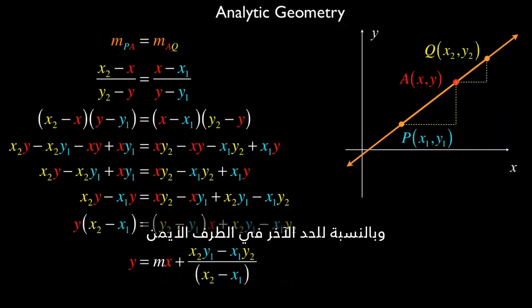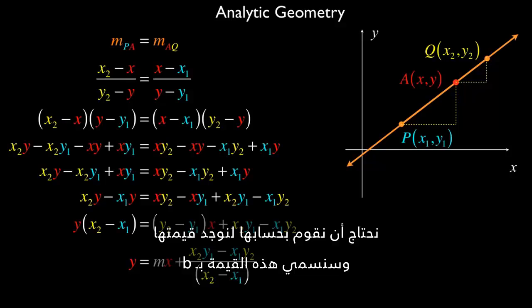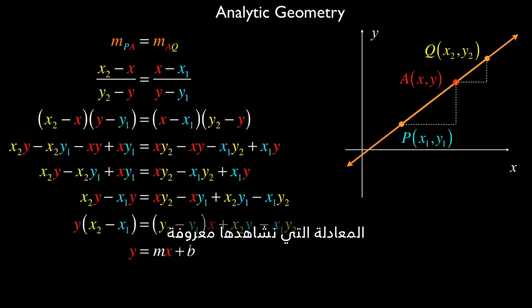And then the second part of that expression just involves the x1 and x2, the y1 and the y2. That is just a calculation that you need to perform to get a single value. That will come out to a value that we will arbitrarily call b. Now, that form is very familiar to us.